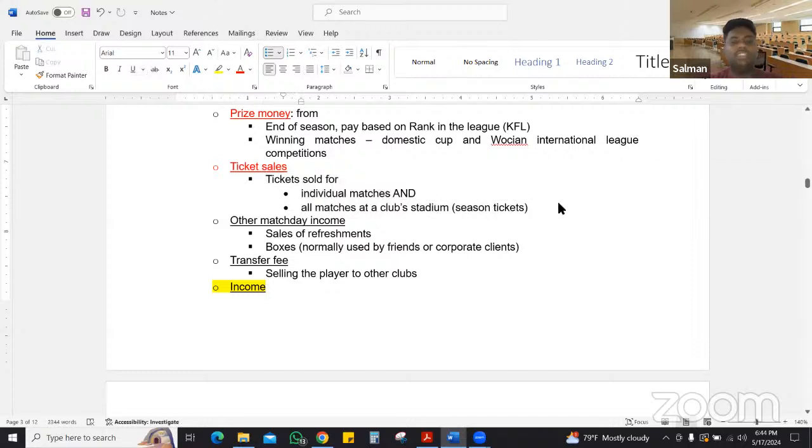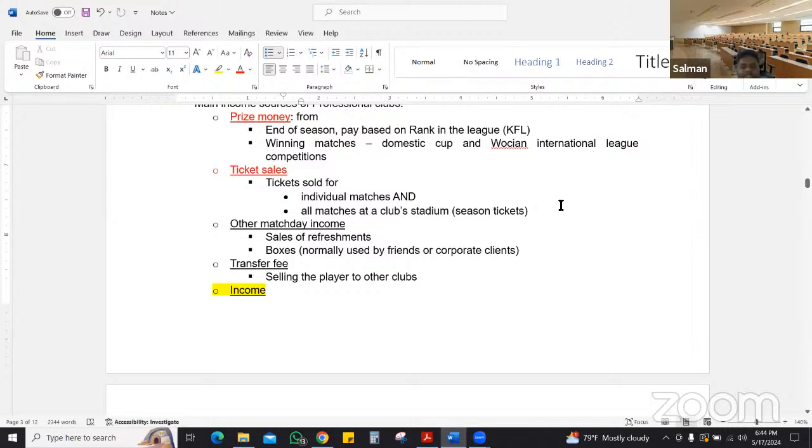So when it comes to ticket sales, just like for example, if you look at train travel or bus travel, we basically buy tickets per travel, or else we have season tickets, right? A season ticket is valid for a month.